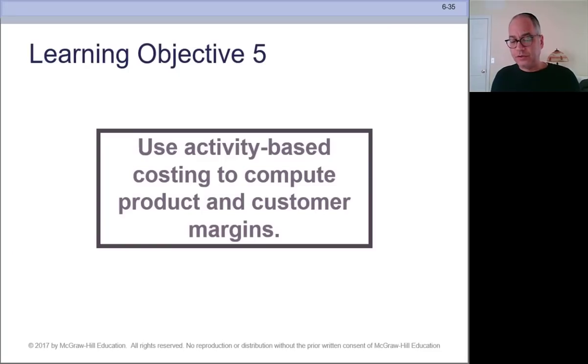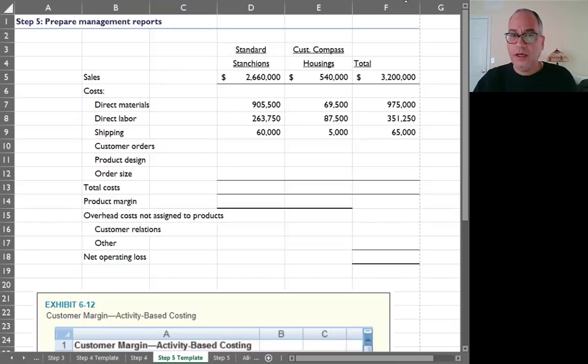This starts to get useful when we can calculate the margins on different products or whatever our cost object is. So what we're really trying to do is get a sense of how much things cost. And so activity-based costing is a great way to do this. Let's go through the example. Here you can see the sales from each product. This was not given to you: materials, labor, and shipping from each product.